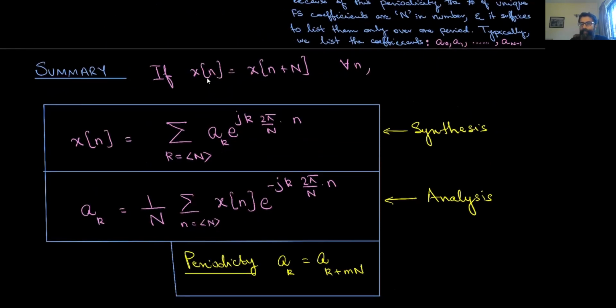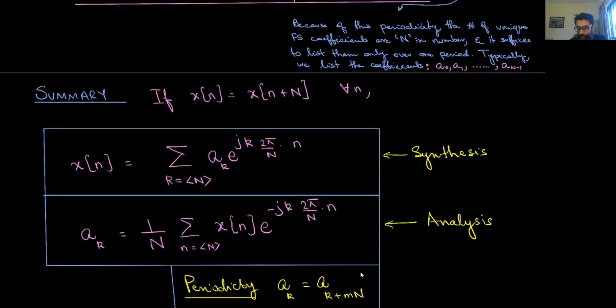If x of n has period capital N, this is the synthesis equation, this is the analysis equation, where the Fourier series coefficients are always periodic with a period of capital N. Okay? Because they're periodic, typically we will only compute the coefficients a0 through a capital N minus 1, okay. If there is any question here, let me know, and otherwise I'll go ahead to the example.